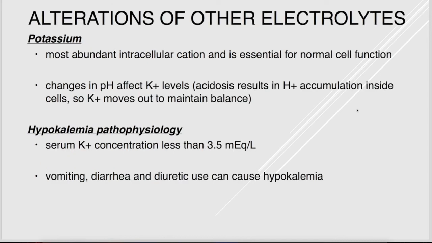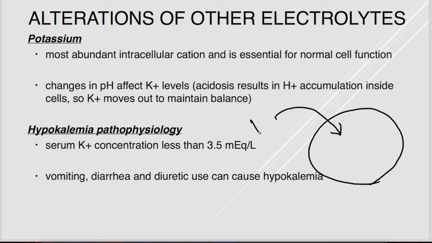Okay, so potassium, the most abundant intracellular cation, very, very important. Also important to note is that changes in pH affect potassium levels. So basically, if somebody is acidotic, okay, we'll say this is a cell, somebody's in acidosis, what happens is acid, H+, moves into the cell.